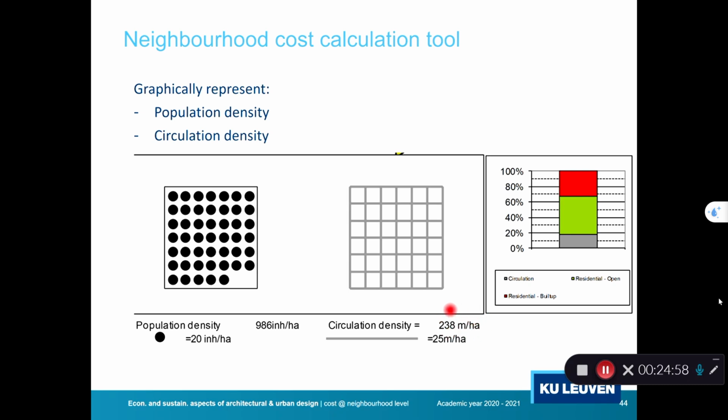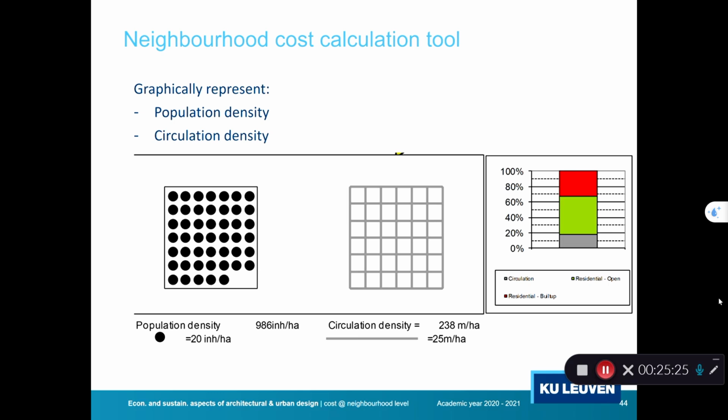So, for example, 238 meters of roads per hectare. And then the length of one such line is 25 meters. So by dividing this number by 25, you know how many of these lines you need to draw in this quadrant. And you equally distribute the number of lines.